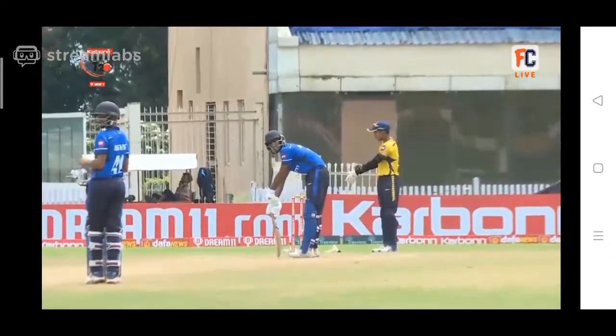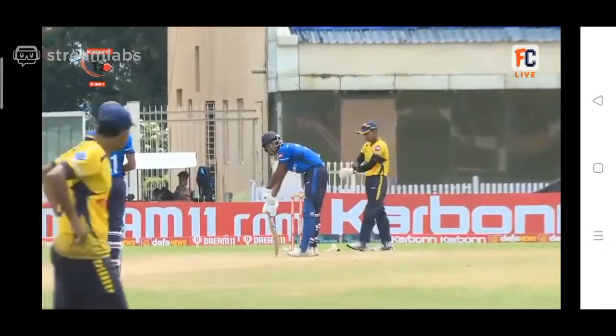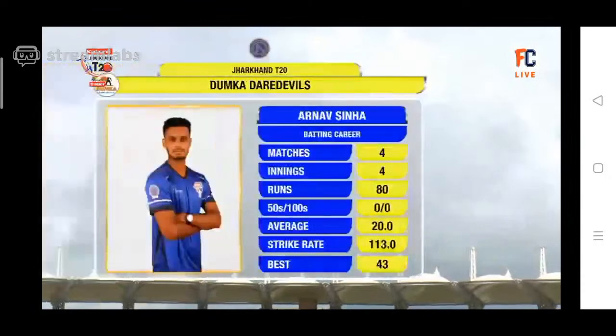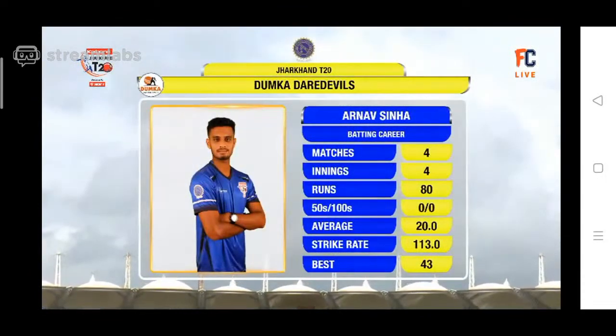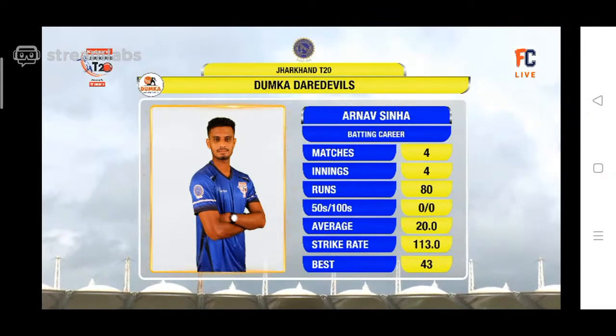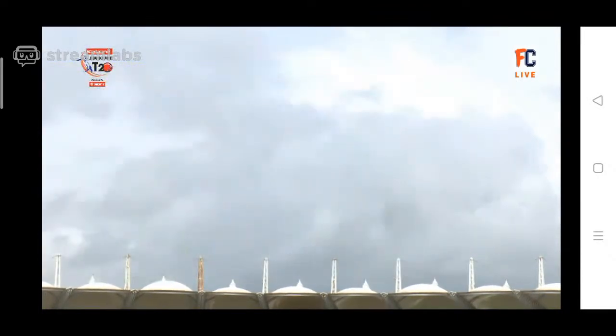So, for viewers who've joined us, Dumka had won the toss earlier this morning and had put Ranchi to bat. So Arnab Sinha, the opener from Dumka Daredevils, managed to score 80 runs in 4 innings he played at a strike rate of 113, which is a good strike rate in a T20 tournament.